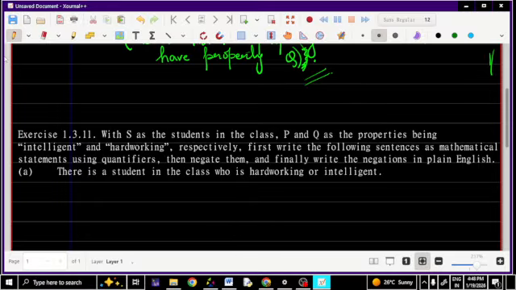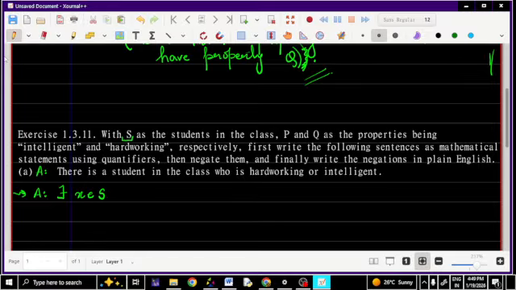So I'll call this one A, let's say. So using quantifiers, how can I write it? The set of context is already given to you, as the properties P and Q are being intelligent and hardworking respectively. So there is a student in the class. So there exists a point x in S.